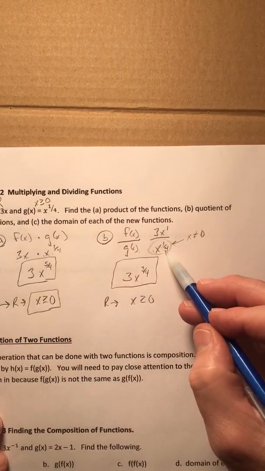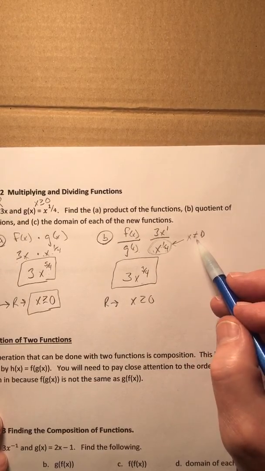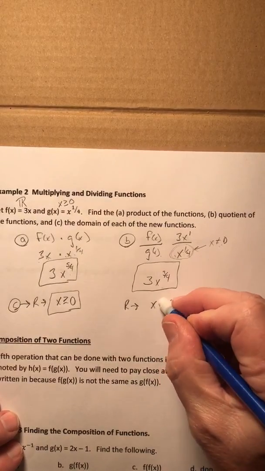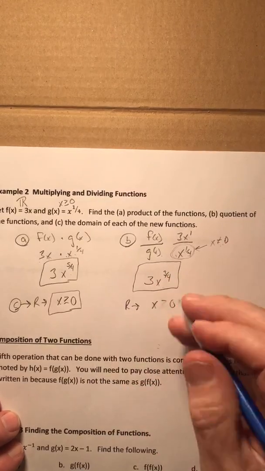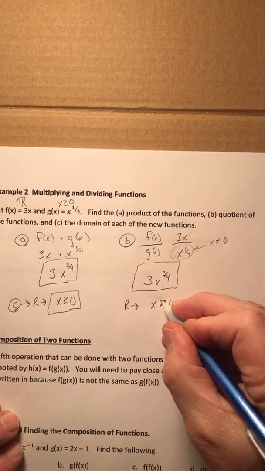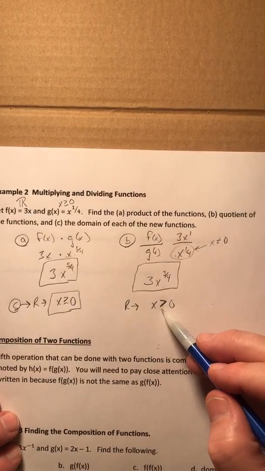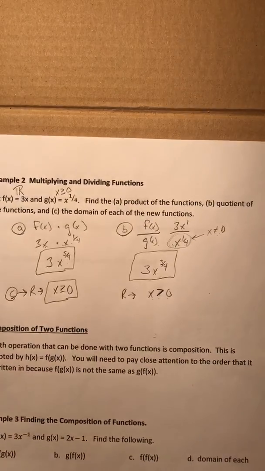Because if that was a 0 at the bottom, we'd be dividing by 0, and we can't do that. So that causes a further restriction in our domain. So now we got to get rid of the or equal to. And now we just got to say that x is strictly greater than 0. And this didn't cause any further restrictions. So x is greater than 0. That is our restriction on that domain.